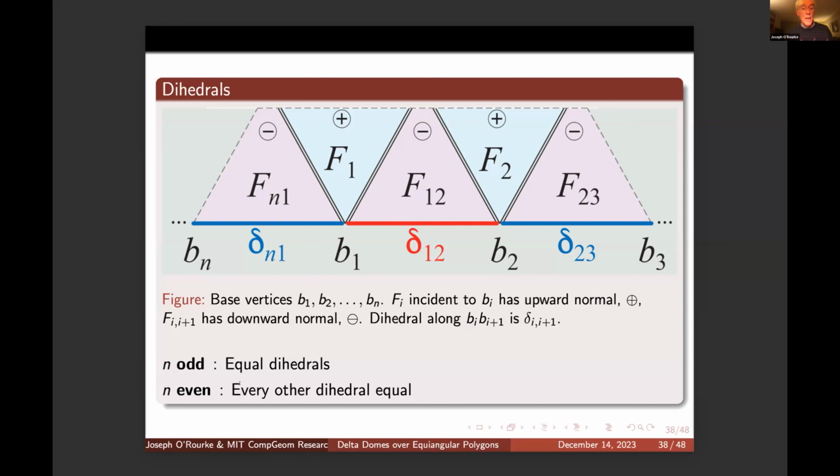And if n is even, I don't have a big example, I just have the square here, then every other dihedral is equal. So here, look at the red triangles, and notice that if I squeeze this shape like this, you see 2 of these are in and 2 of them are out. So every other one is equal.